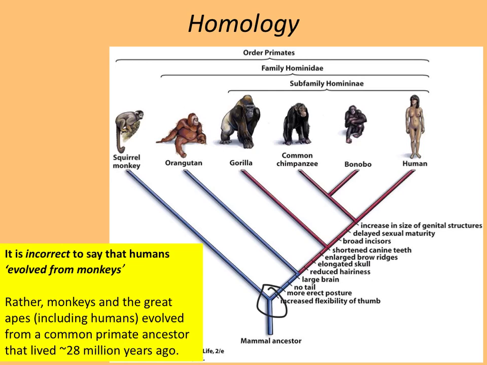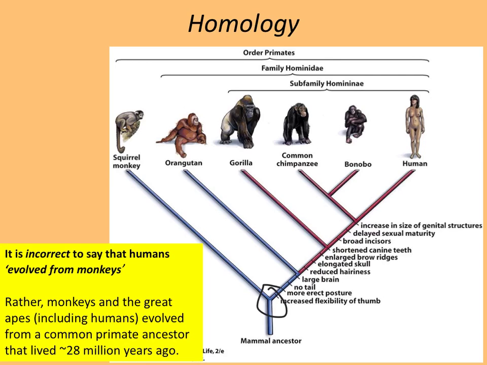There was also an increased flexibility of the thumb, more erect posture, and no tail, a larger brain. With the gorilla, reduced hairiness, elongated skull, all these changes happened, and you can find it in various species, just like we found with backbones and lungs and tetrapods and amniotic eggs. Delayed sexual maturity, increase in size of genital structures, but that varies depending on the mating system.